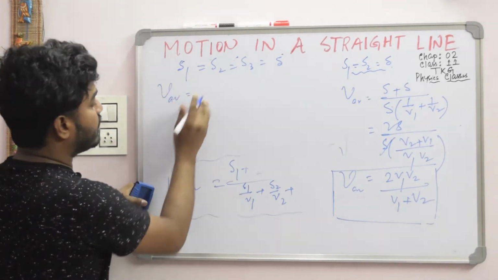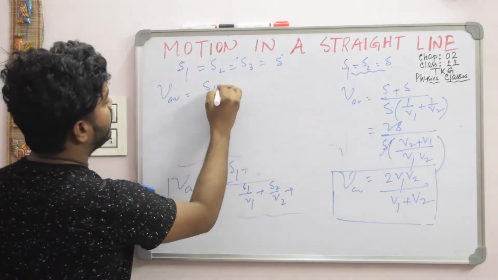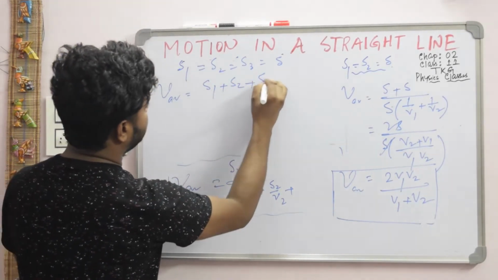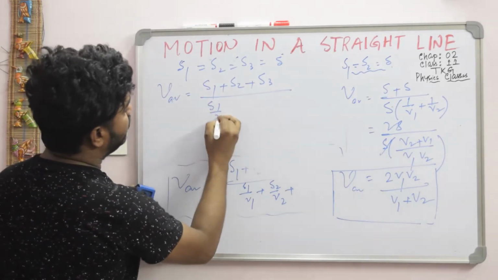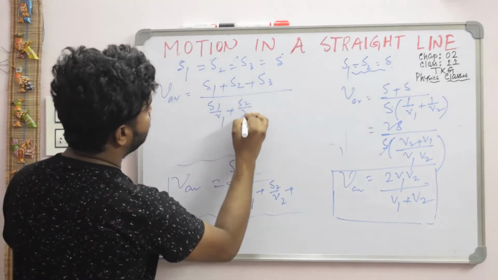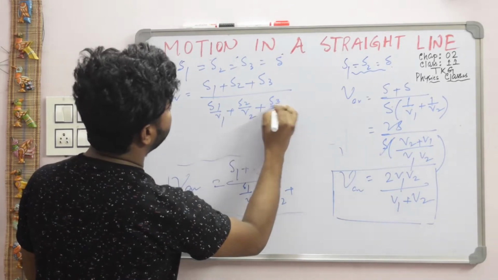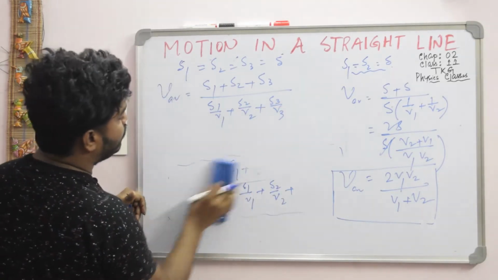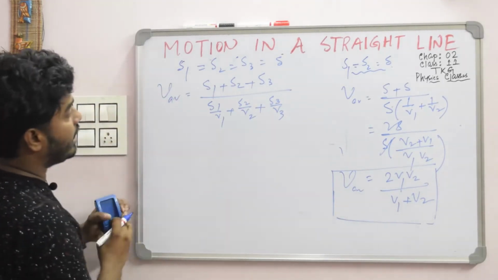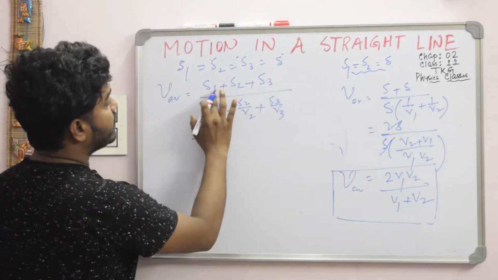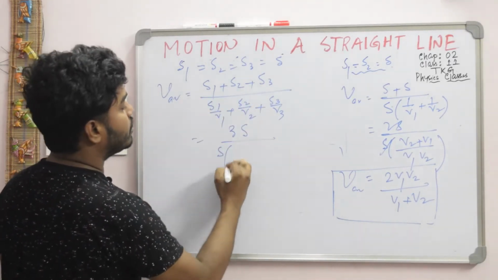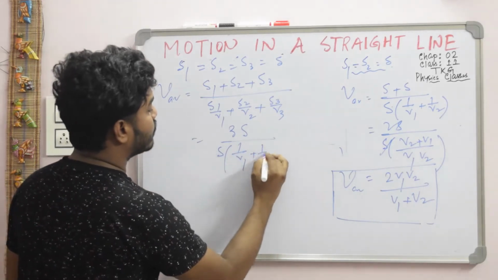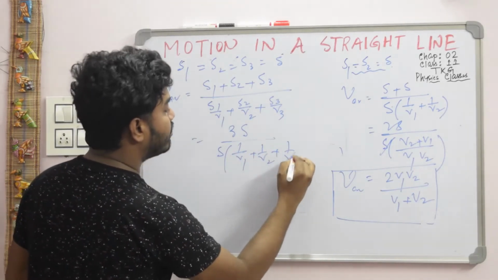That is v average equal to s1 plus s2 plus s3 divided by s1 by v1 plus s2 by v2 plus s3 by v3. Now putting the value s equal, this will be s plus s plus s, that is 3s, and here s common, so this one is 1 by v1 plus 1 by v2 plus 1 by v3.